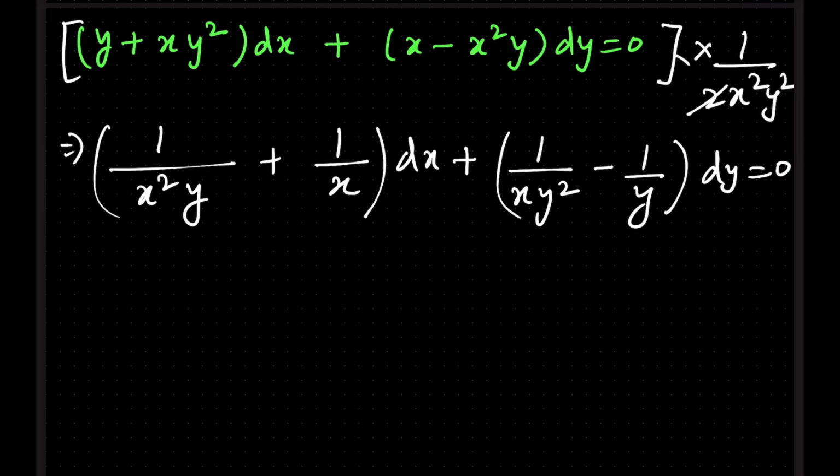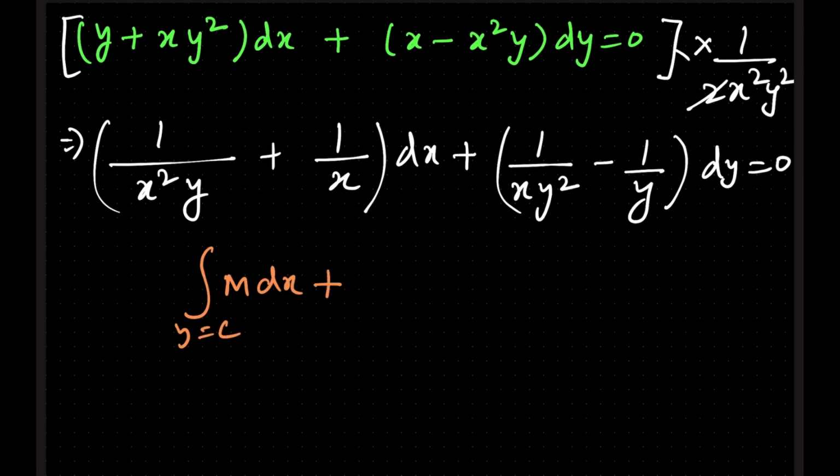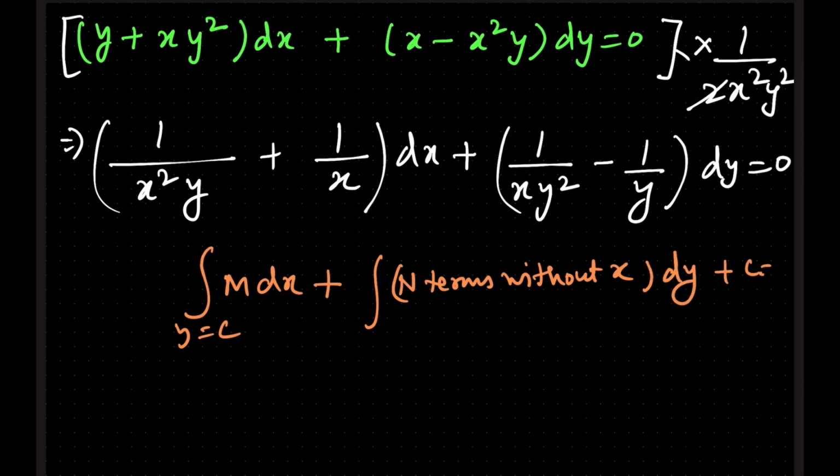So now this is our exact differential form, and we will implement our formula. Our formula was: we integrate M dx assuming y as constant, plus we take the N terms without x and integrate with respect to y, and we add a constant.